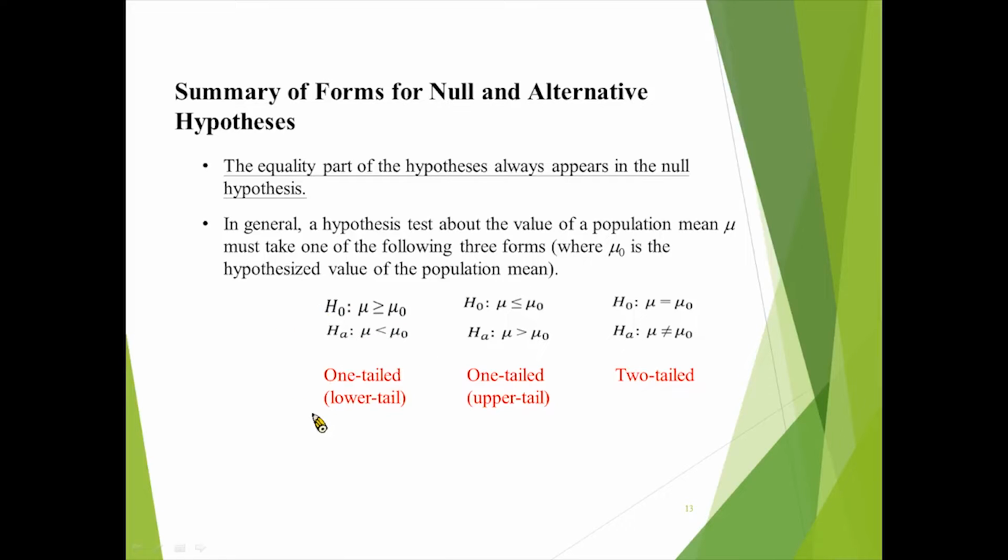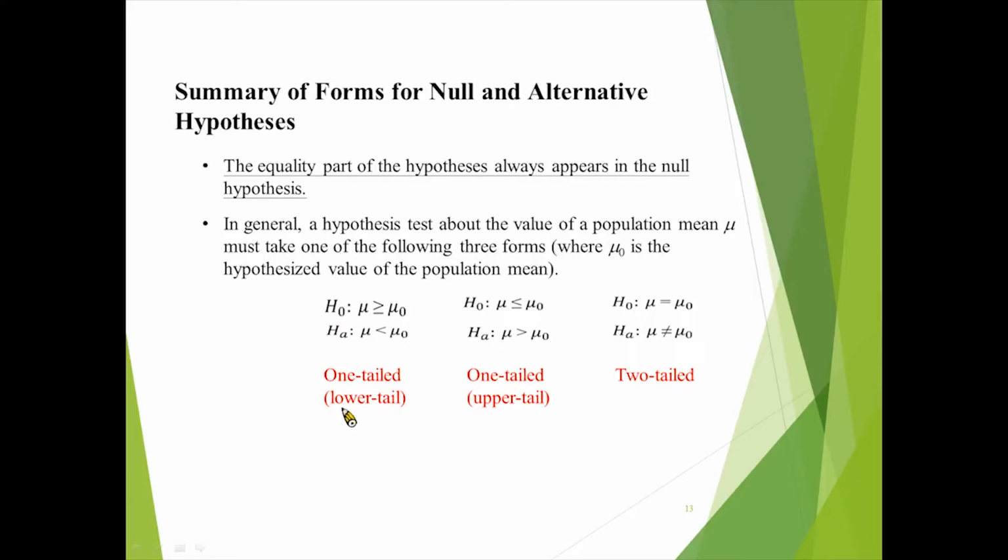This is what we call one tail, and this is the lower tail. Okay, because HA is on the left side of mu 0, and H0 is on the right side.